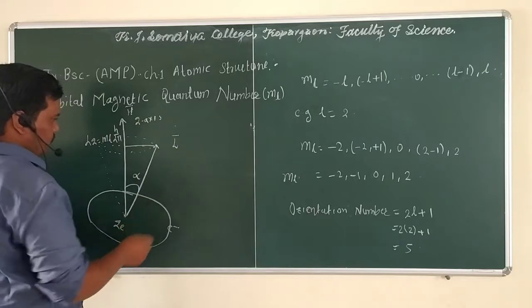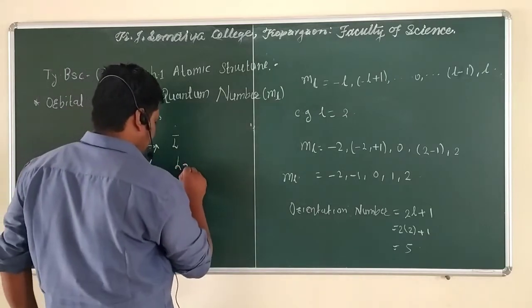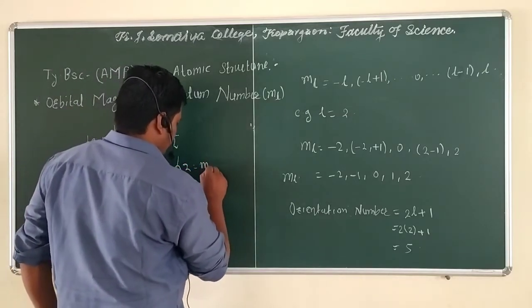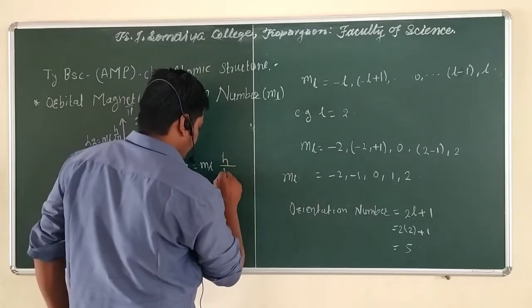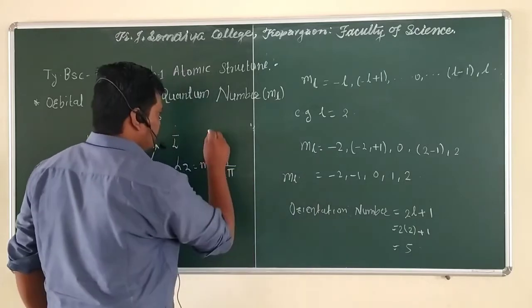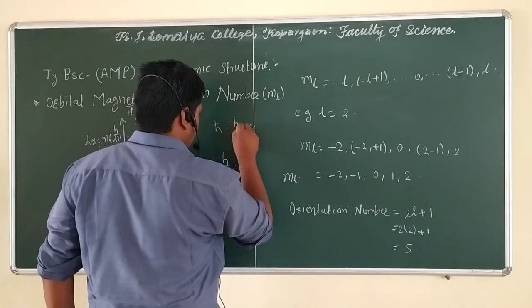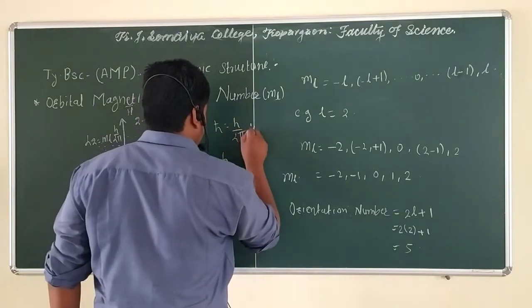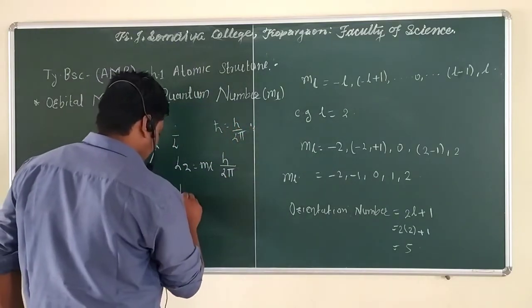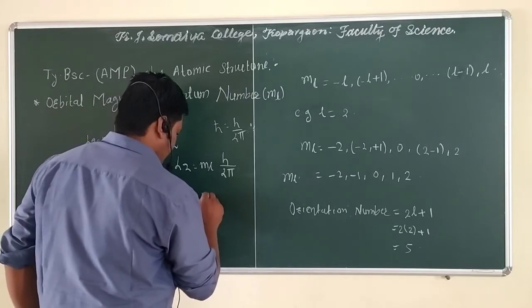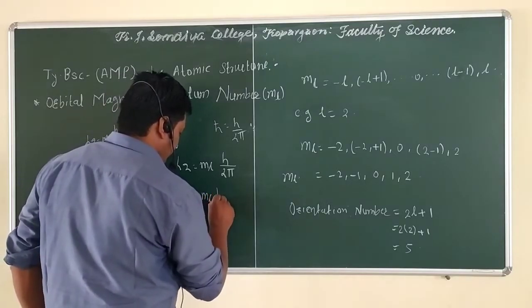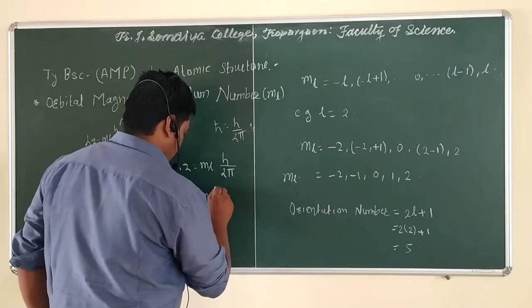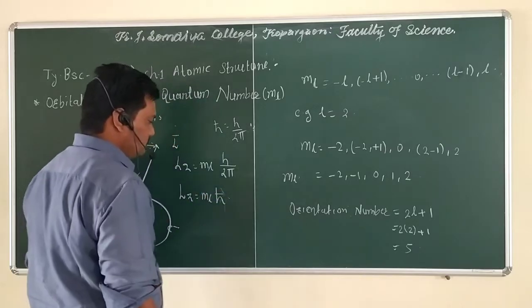You know that h bar is equal to h upon 2 pi, so Lz is given by ml into h cross, correct.